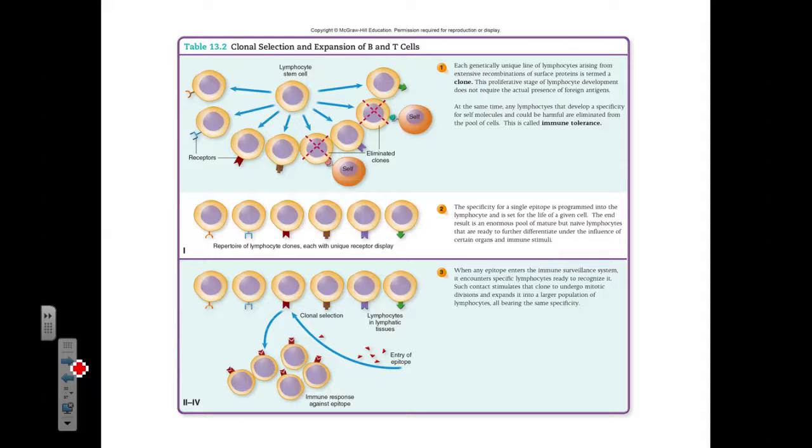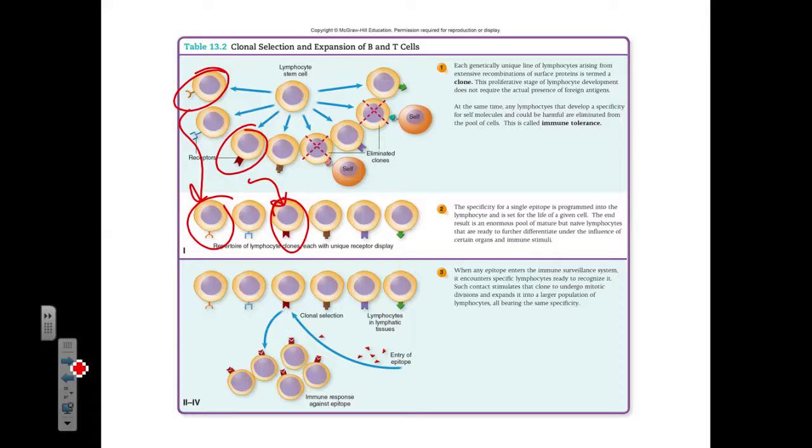We first have precursor or naive lymphocytes. Most of those lymphocytes are going to contain receptors on their surface that do not respond to self-proteins. Those receptors that don't respond to self-proteins are good. They mean that these cells, like this guy right here and this guy right here, can potentially help us fight off an infection later on in our lifetimes.